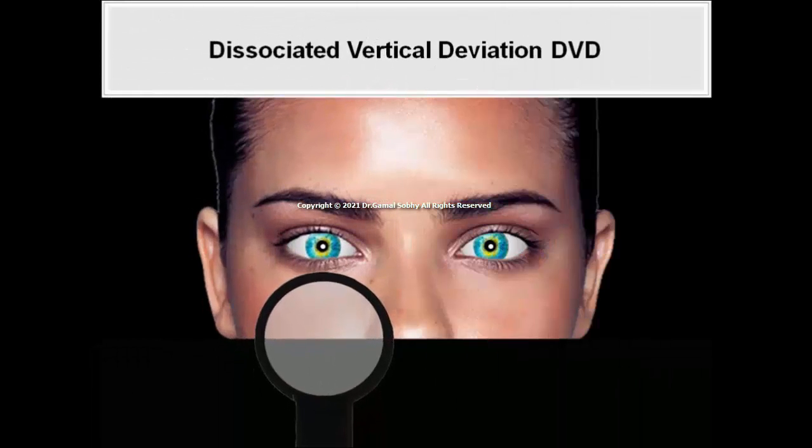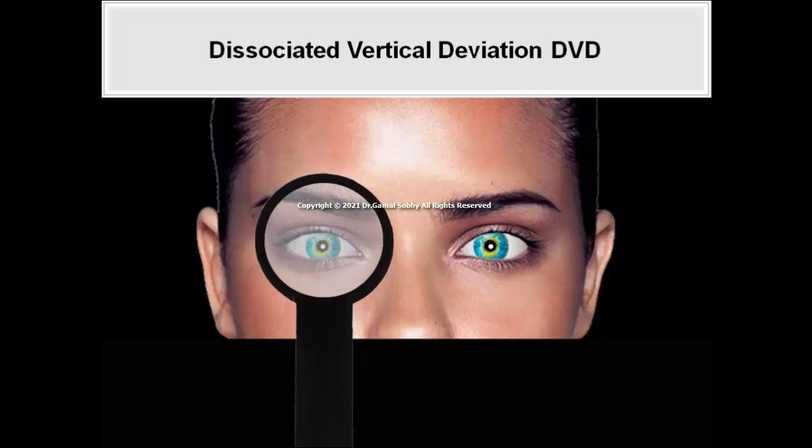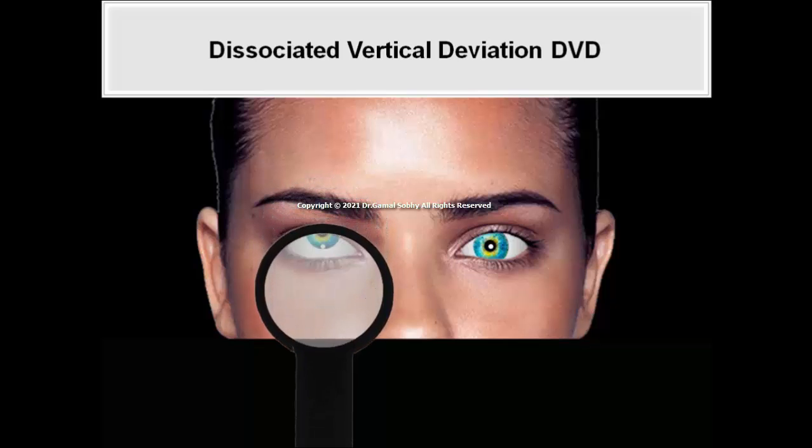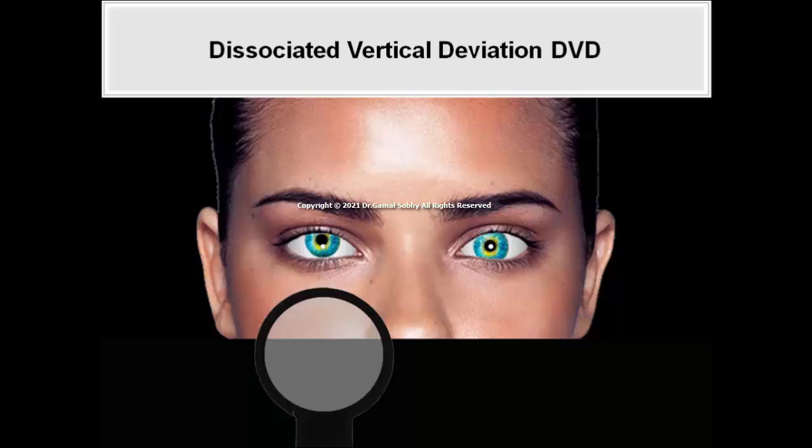Dissociated vertical deviation is among the most intriguing and least understood of all forms of strabismus. Even though the unique clinical features of this anomaly clearly distinguish it from other forms of vertical motor disturbance, the diagnosis may be difficult when associated with other forms of strabismus, especially with cyclovertical deviations.